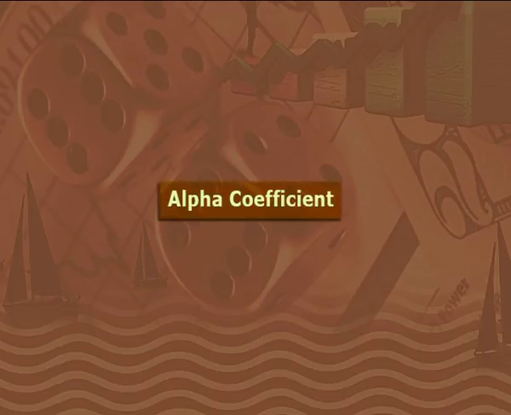Let's understand the alpha coefficient. The alpha coefficient gives the vertical intercept point of the regression line. The investing term alpha coefficient refers to a measure of an asset's risk-adjusted performance.